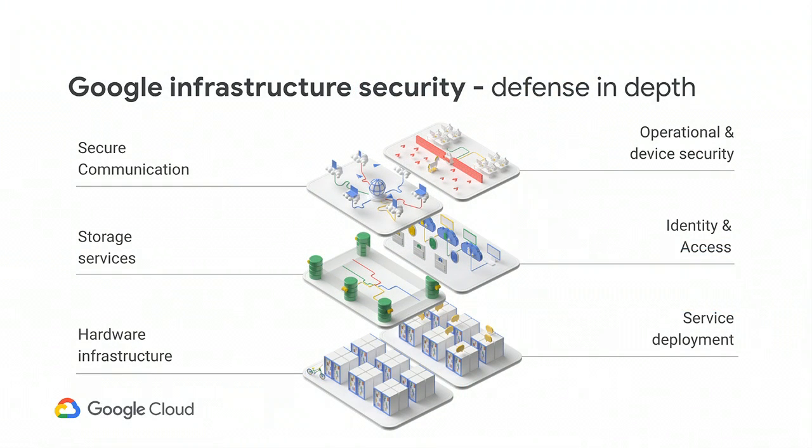You may have seen this slide before at this show. This is the Google Infrastructure Security Defense in Depth story. And what we like to say is, in this world of trouble, we do all of these things for you by default at scale.